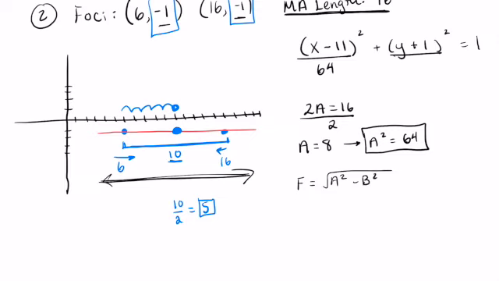And this value of f gives me the distance from my center to my foci. I don't want people to be confused thinking that we're at 10, because this point is definitely 11, -1. What's the distance from my center to my foci? That's a distance of 5.